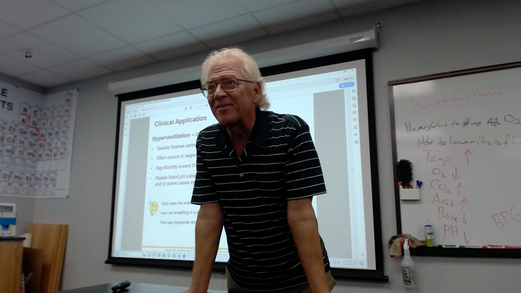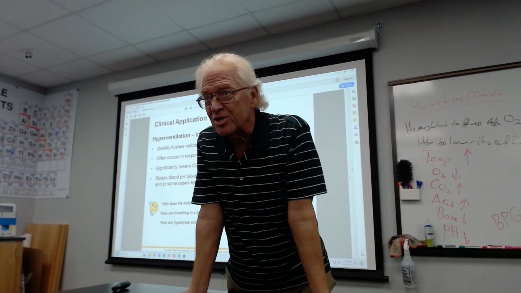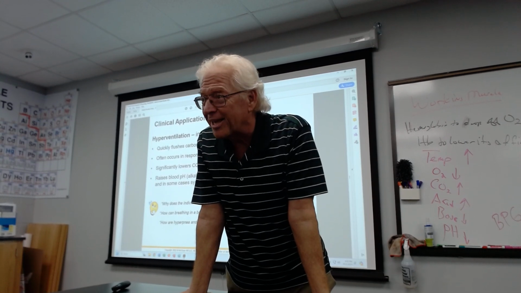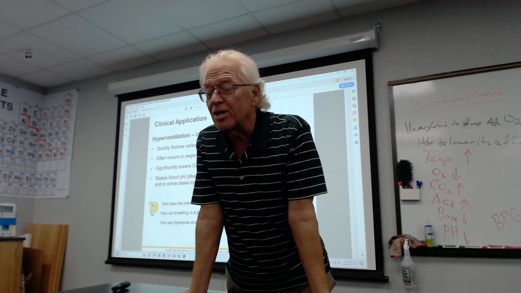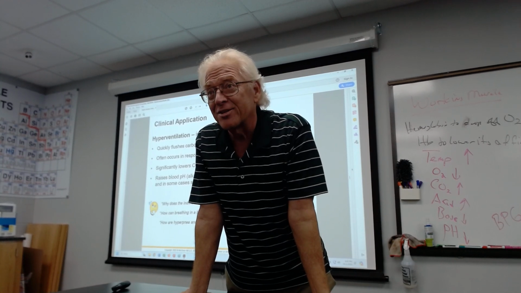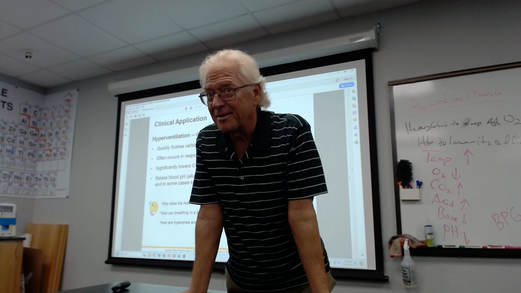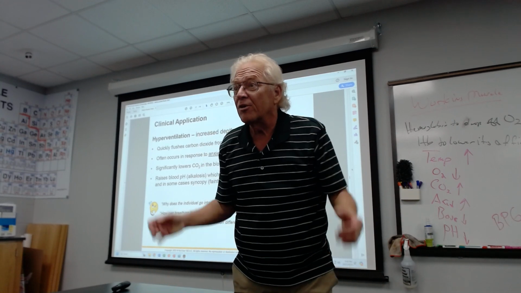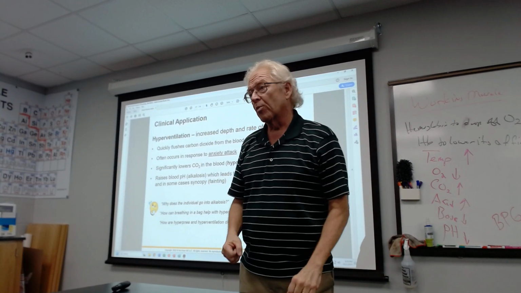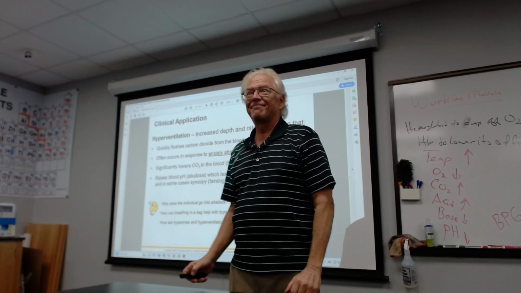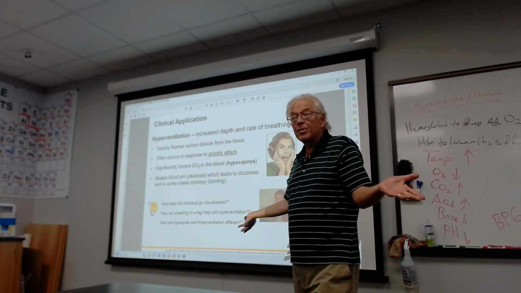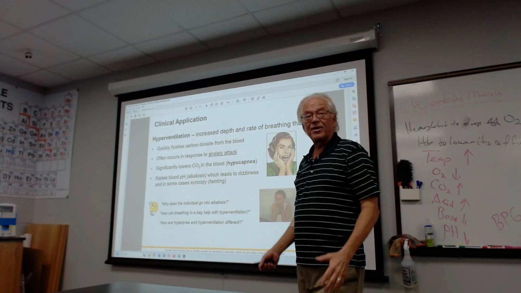No. That's the difference. Hyperventilation changes your pH, but hyperpnea doesn't. You're doing it to keep your pH under control. Both of them make you breathe faster, but two different outcomes.